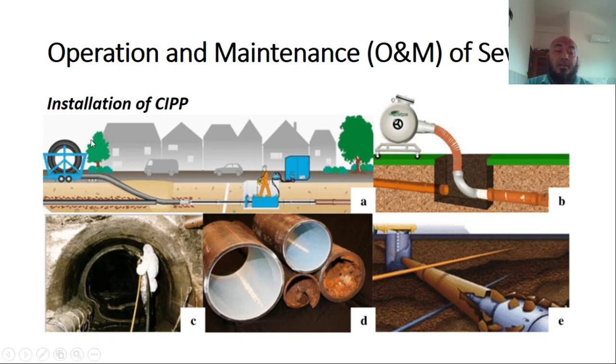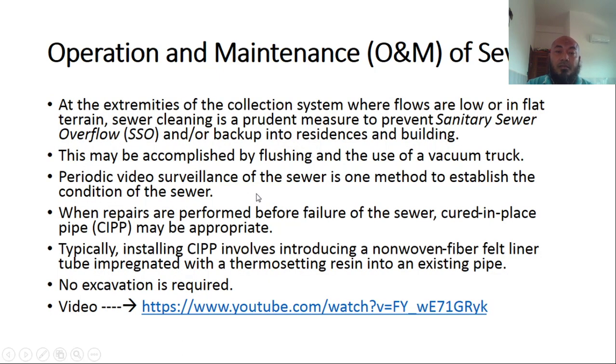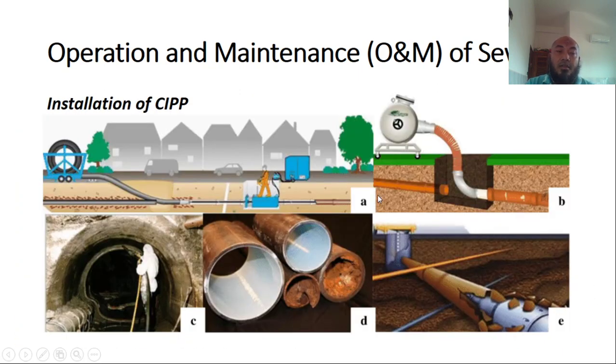You can see that first we install this non-woven fiber. This non-woven fiber will be placed inside the pipe, and after that the thermal, meaning the heat, will be injected inside, so that the fiber will be attached to or melt into this pipe.